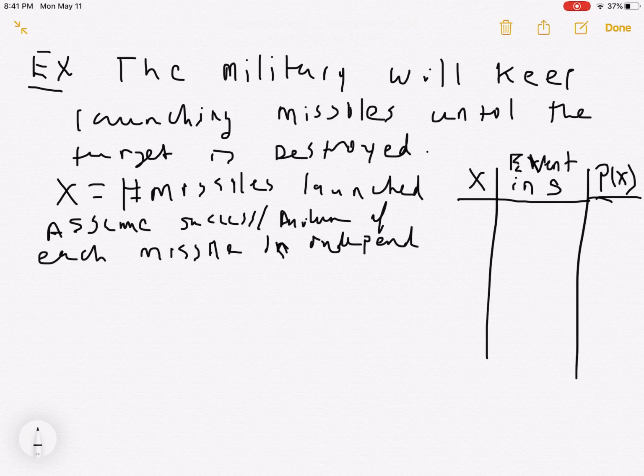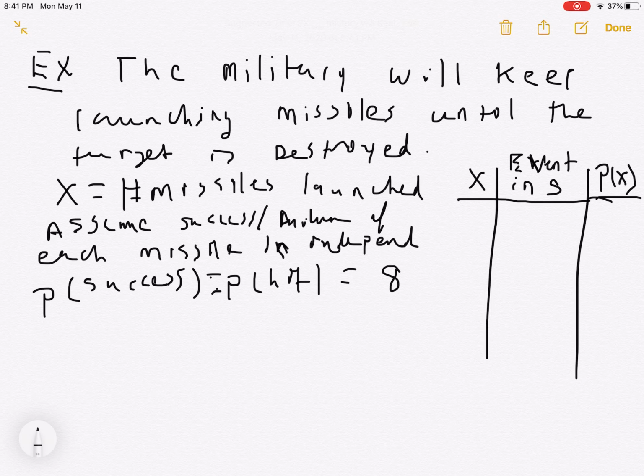And we're going to assume the probability of a hit or a success is 80%, so 0.8. Now, the smallest value that x could have here is 1.